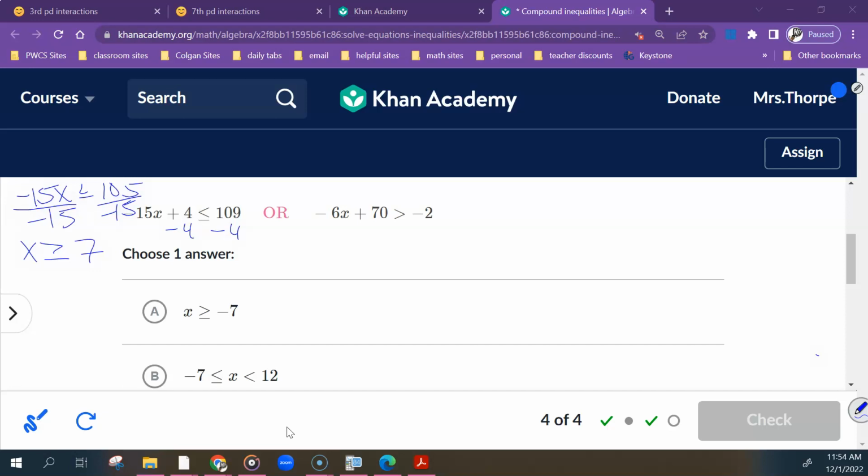Then the other one, we would subtract 70. So negative 6x is greater than negative 72. Divide both sides by negative 6. The sign would change direction.